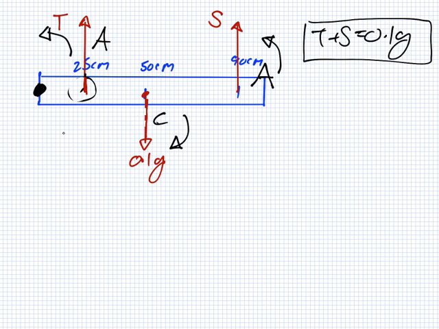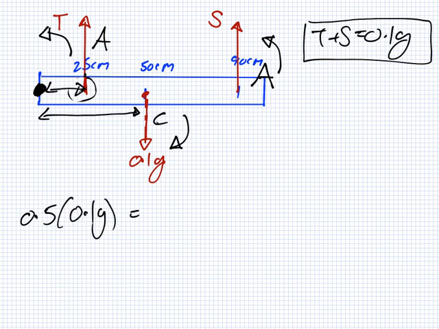So let's do the clockwise ones first. What is this distance here? Yeah, 0.5 times 0.1 g. And that must equal this one. What's this distance? 0.25, isn't it? T plus, and then this one 0.2, oh, well, that's obvious.